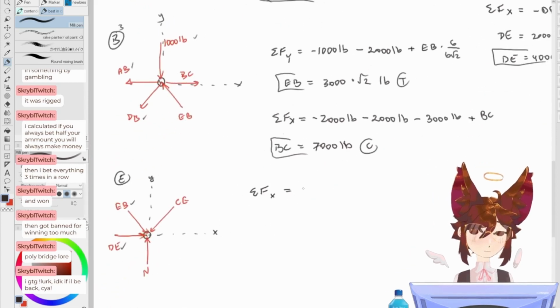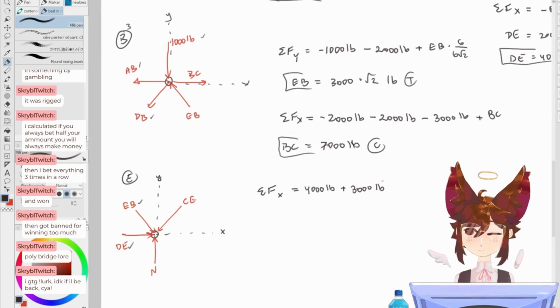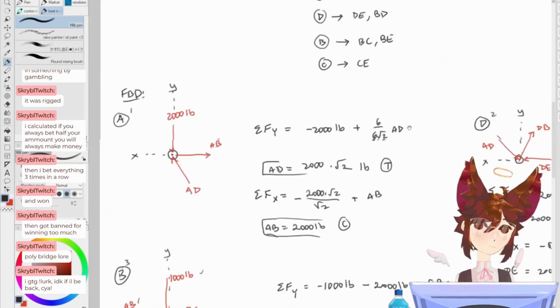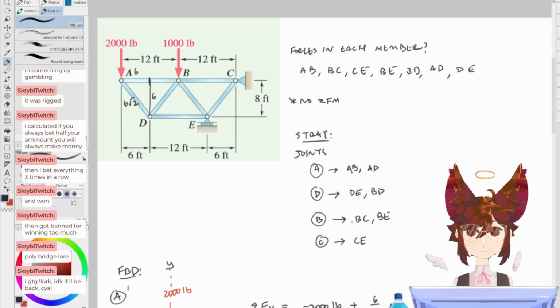At 4,000 plus EB, which is 3,000, minus CE times 6 over 6 root 2. So I think it's... Oh! Oh my god, it's 8 feet. It's not 6 feet! That's so annoying.